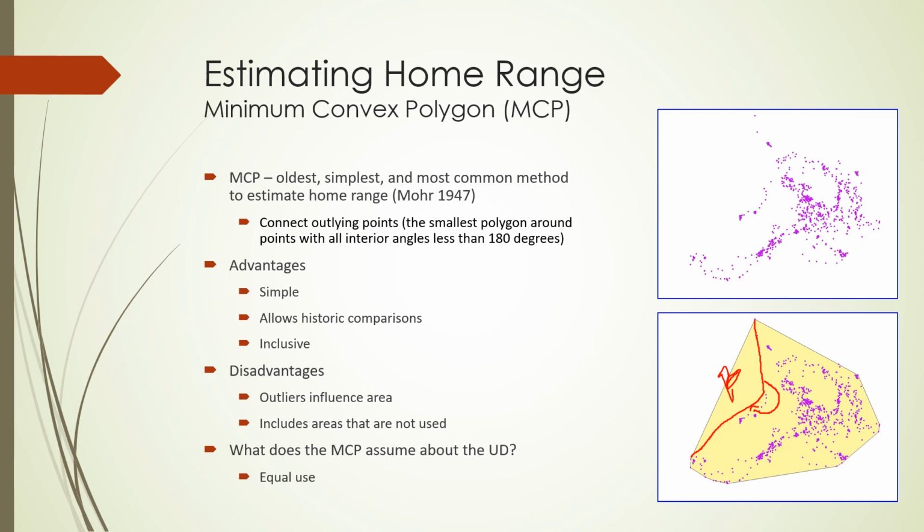And there's one final thing here: the minimum convex polygon approach assumes that the utilization distribution is uniform. Okay, so you're not indicating any areas of high use and low use. You just get one number, the area of the home range.